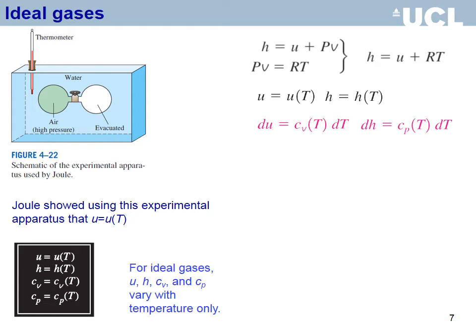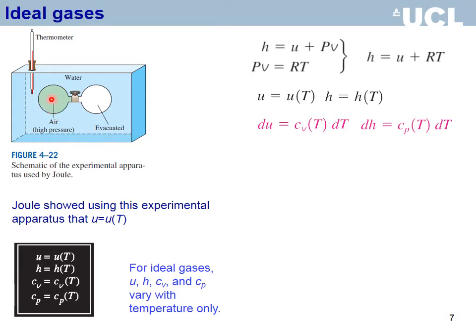And as a matter of fact, to prove that internal energy and enthalpy are only functions of temperature, James Joule did a very nice experiment, which is what I've shown here. He had two spherical containers, and he put air at a reasonably high pressure in one. We're not talking about hundreds of atmospheres here.